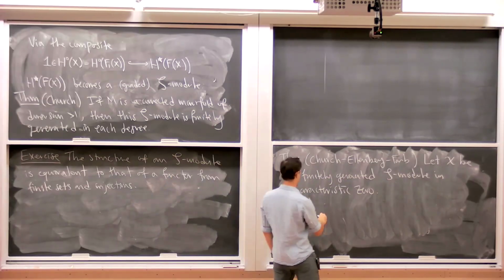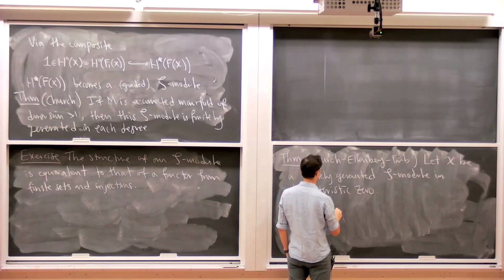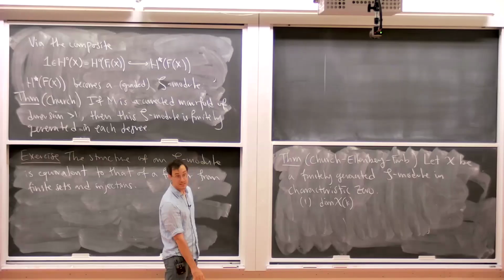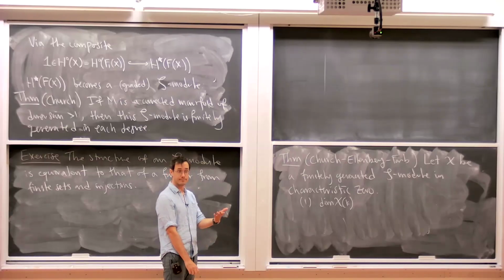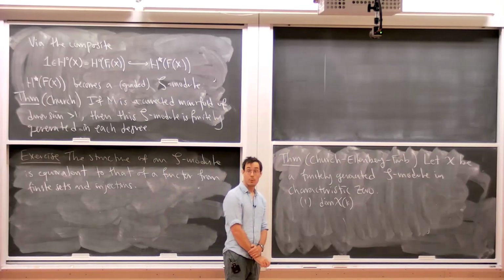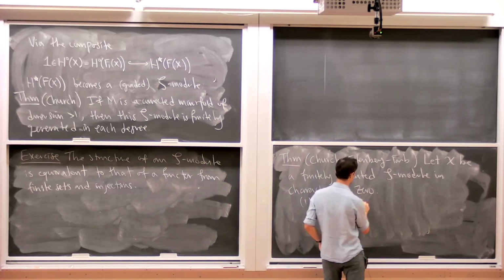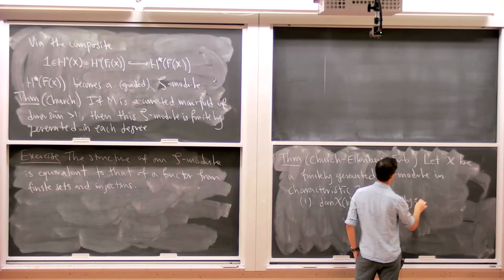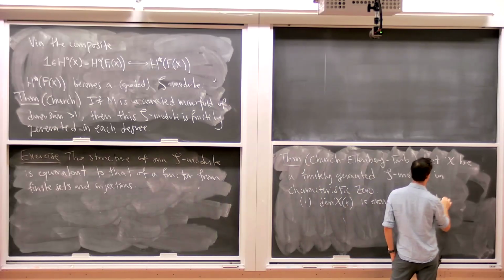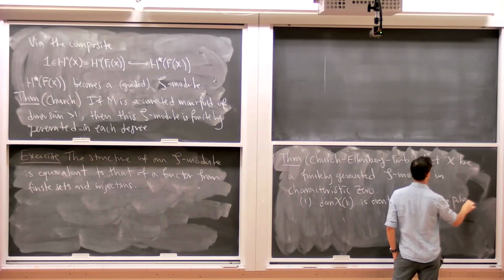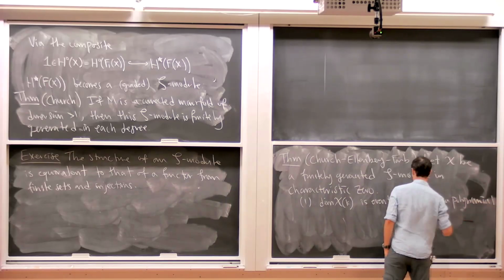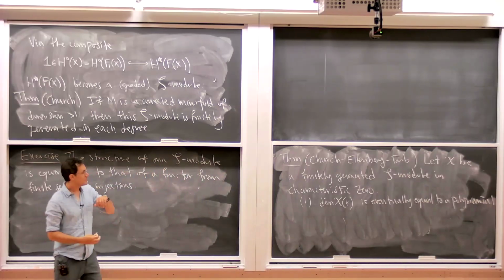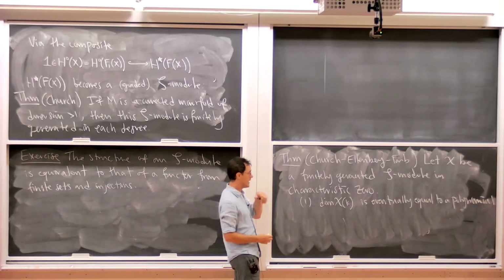So first, we can say that the dimension of x of k as a function of k is eventually equal to a polynomial in k.